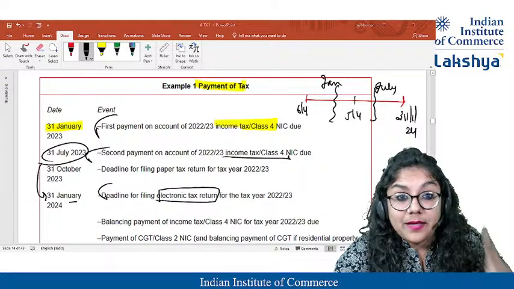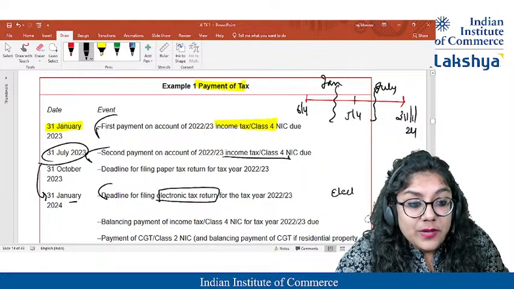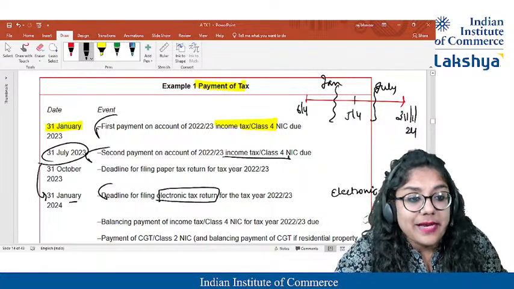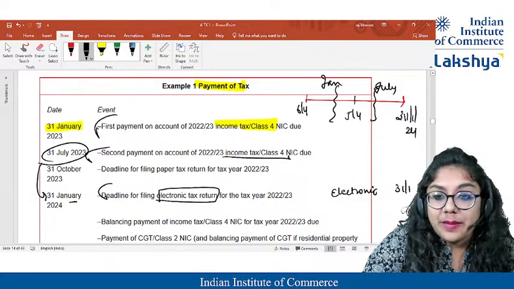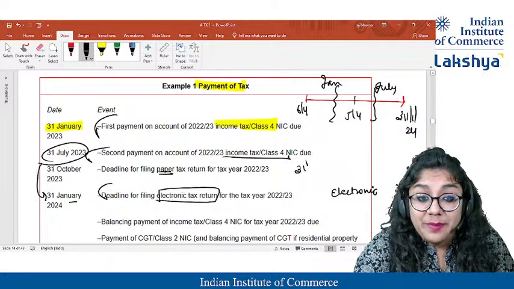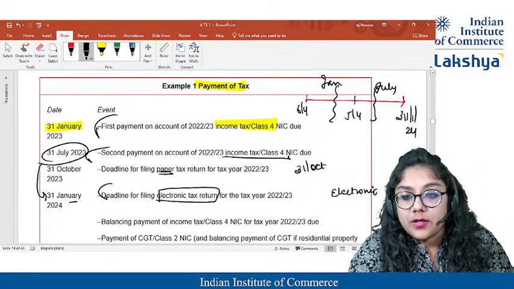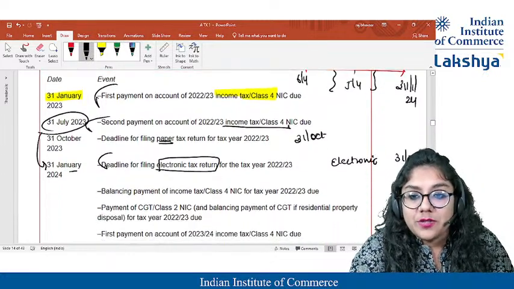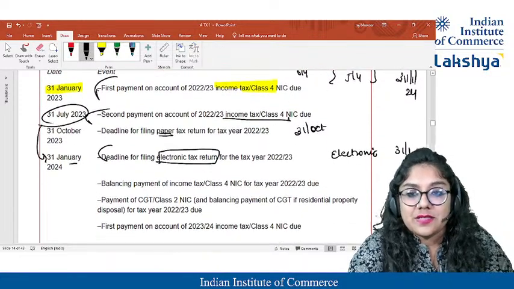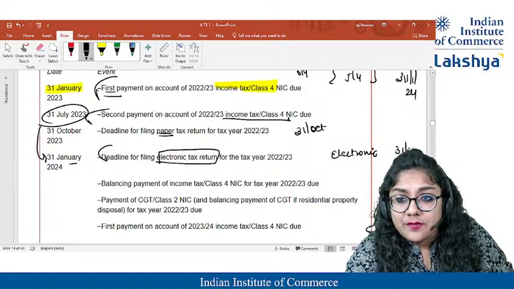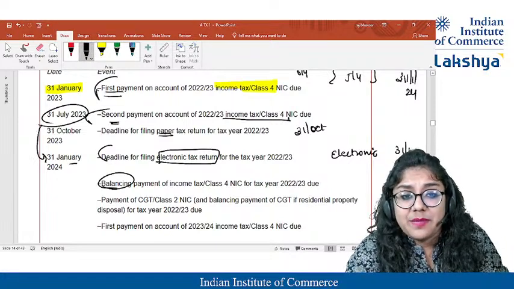Remember one thing, I told you, if it's electronic tax, 31st Jan. But if you are doing paper filing, you have to pay everything by 31st October. So if it's a balancing payment, if I did the first payment and second payment, and there is any balancing payment, pay for that.